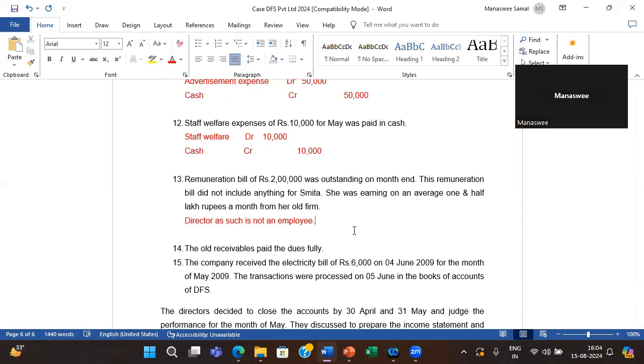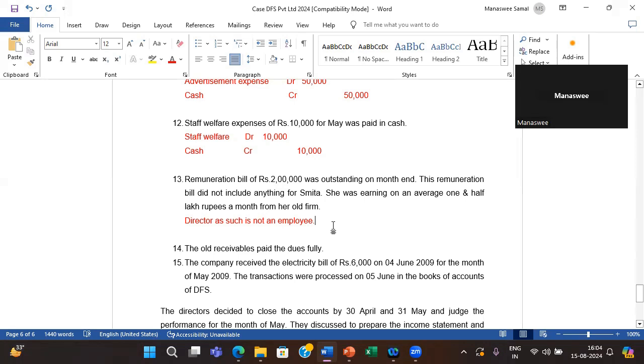Done. So here you need to take a call. Some students might say that since it is feasible for Smita to accept employment in the company and to preserve her earnings, the total salary I will take is 3,50,000.